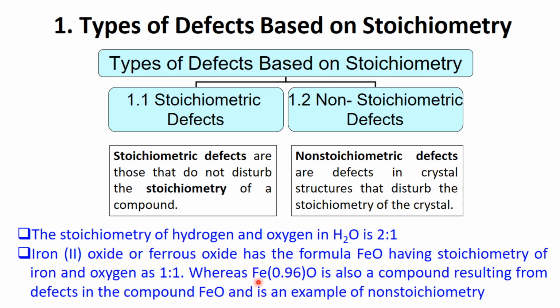Whereas if we have Fe0.96O, it means it is also a compound resulting from the defects in the compound FeO and is an example of non-stoichiometry.